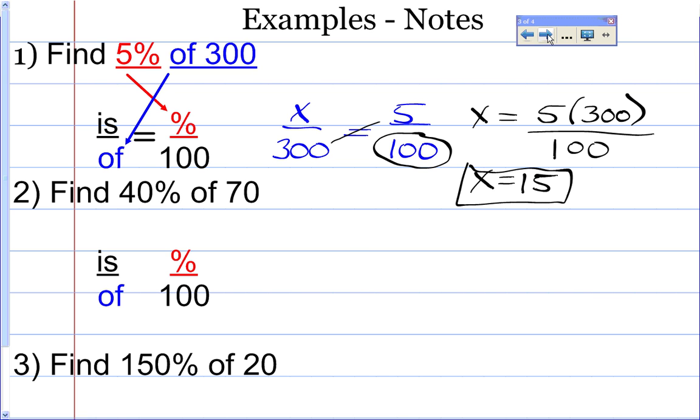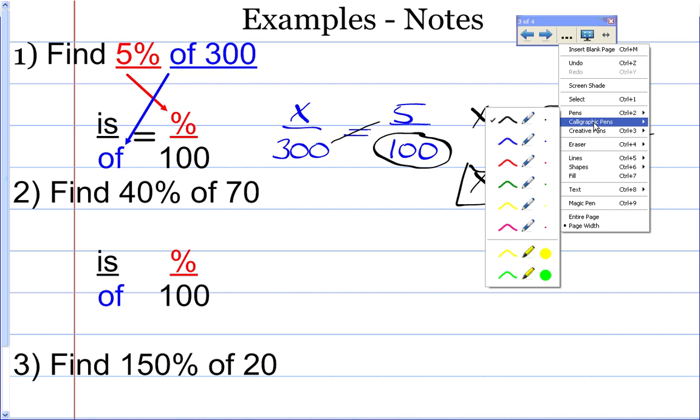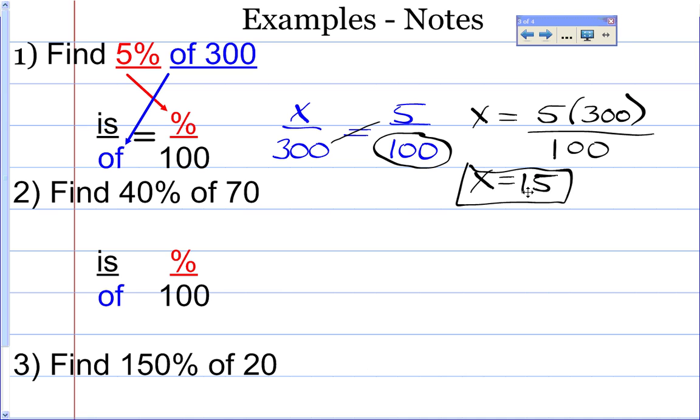Okay, so we'll do 2 more examples. Hopefully by the end of the third one, you'll see that this is really pretty easy. So in this one, find 40% of 70, or what is 40% of 70? 40%, so that's going to go in the percent spot, of 70, so that's going to go in the of part.